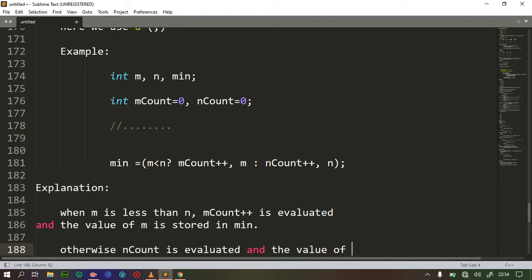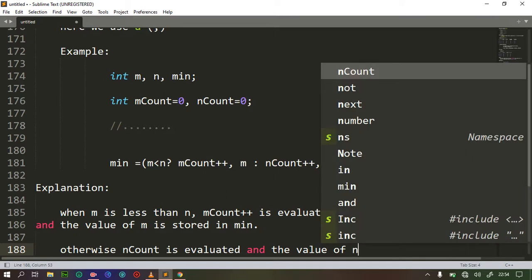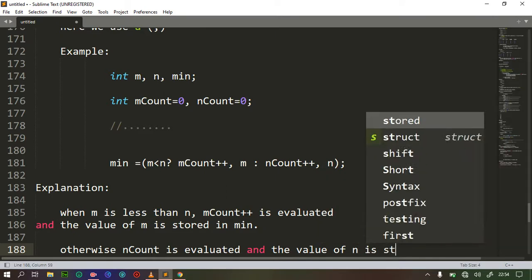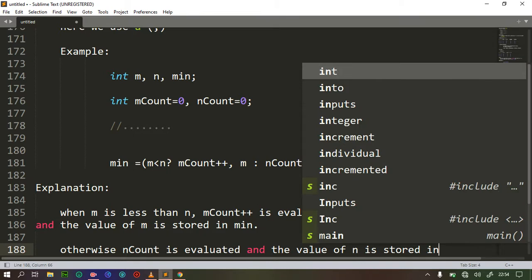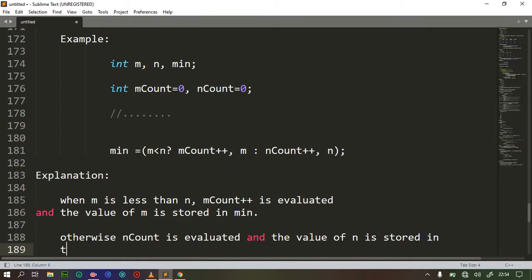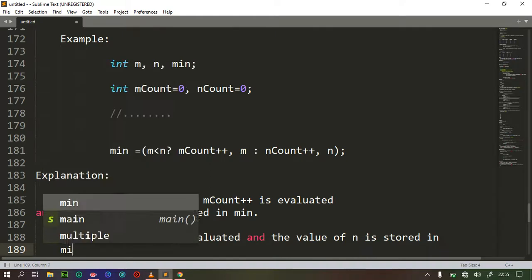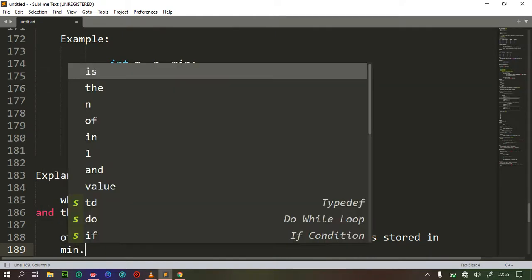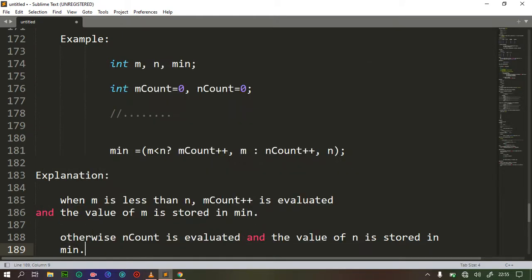It was the value of m previously, then the value of n is stored in the L value, that is min. So guys, that is briefly about the comma operator. Someone is yearning so much to know how such can really work within the program, but don't worry, a lot is yet to come.